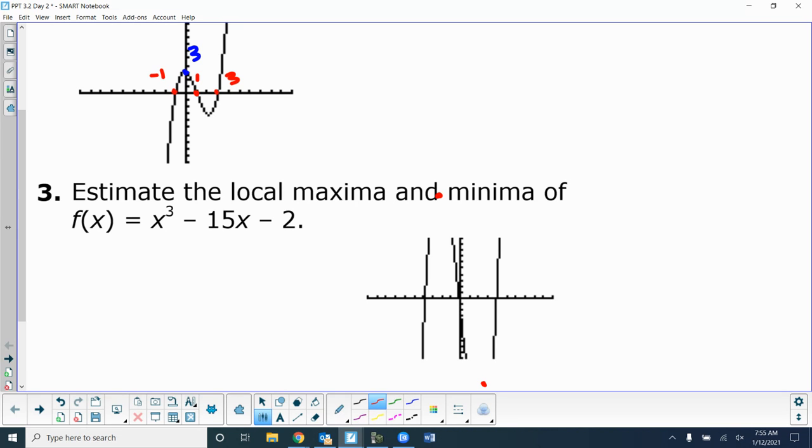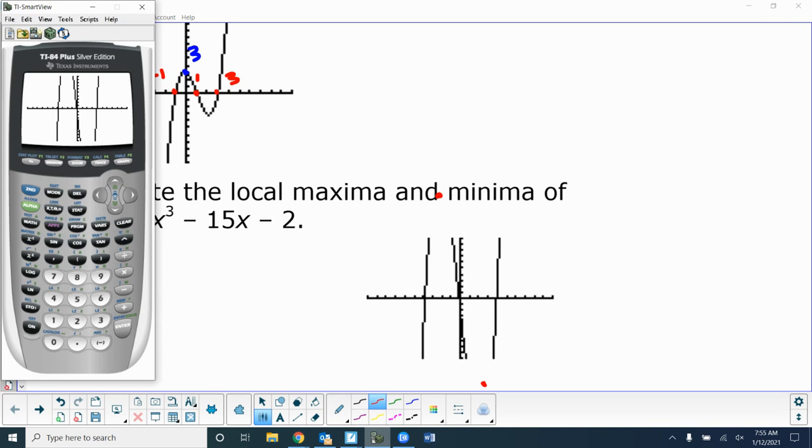Okay, so I just want to go through this again with you to show you how to find it. I'll do max first, so I'm gonna go second, trace. That's our calculate menu, and number 4 is max, so I hit 4. And it always starts at the y-intercept, okay?